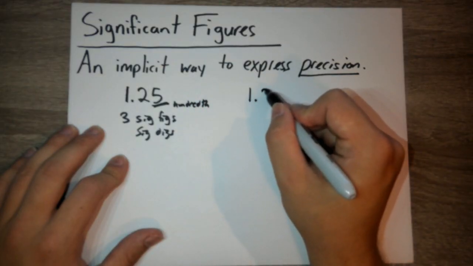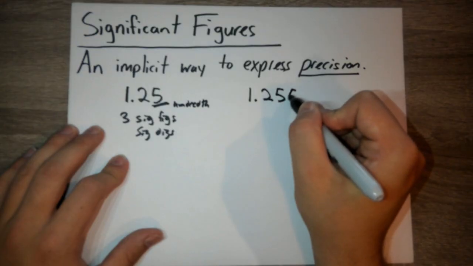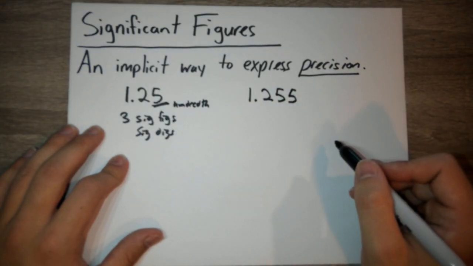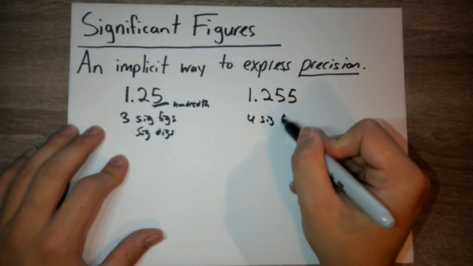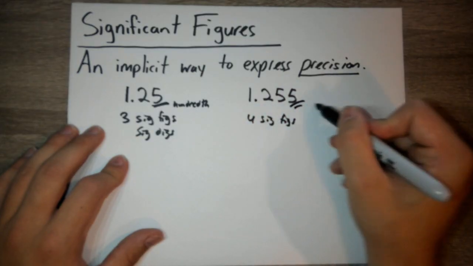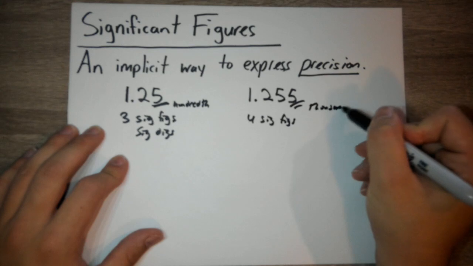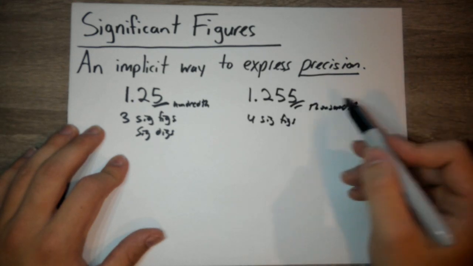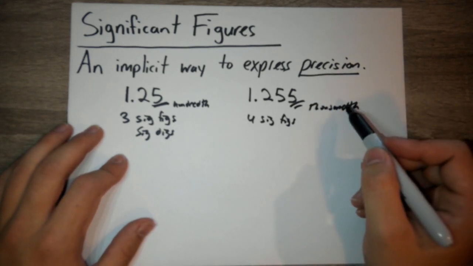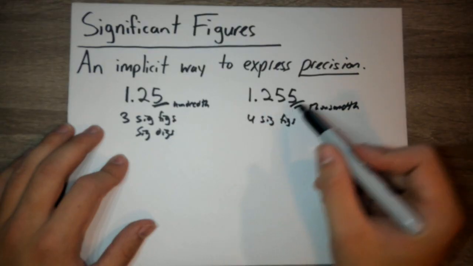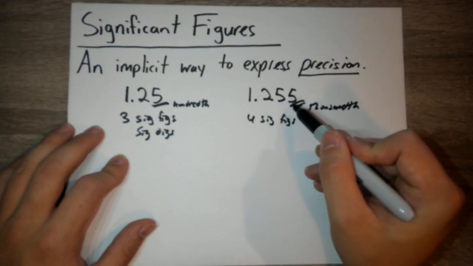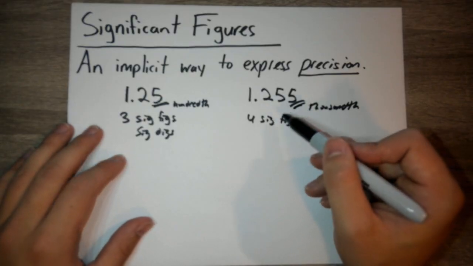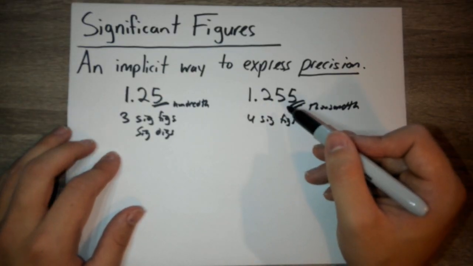But if I do another measurement and I have 1.255, we'd say this has 4 sig figs, and we know this to the 1000th decimal place. So what this means is the number of sig figs, we have an extra sig fig here, tells us that our measurement, or our tool of measurement at least, is more precise.